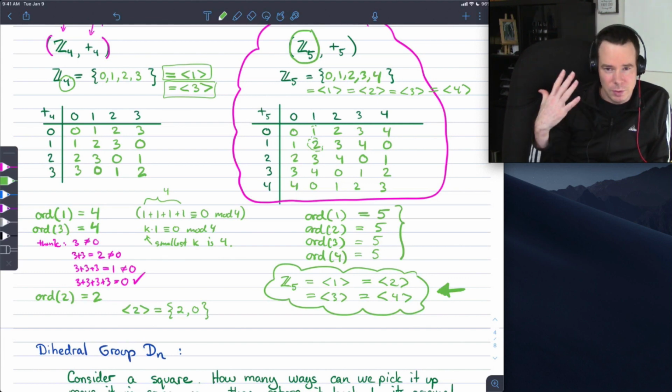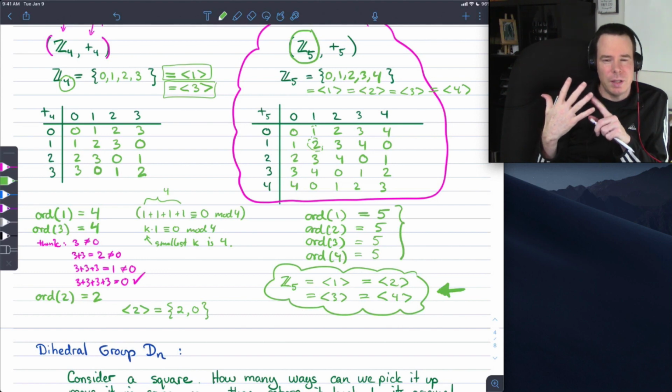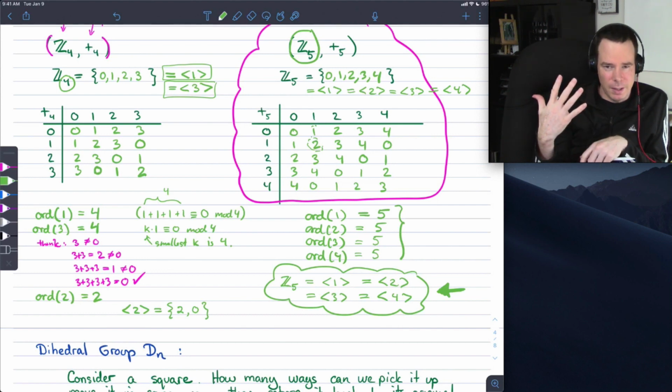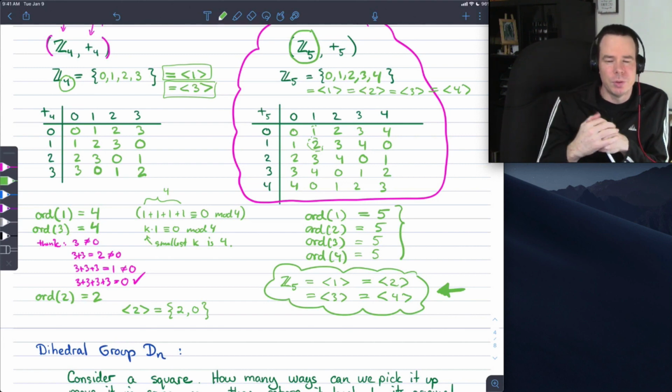Well, it's a group of size 5. The other generators would be the numbers that are relatively prime to 5, so 1, 2, 3, and 4. Those are multiples of the generator: 1 times, 2 times, 3 times, and 4 times the generator. The generator is 1 in this case, so 1, 2, 3, or 4 are all generators of this group.